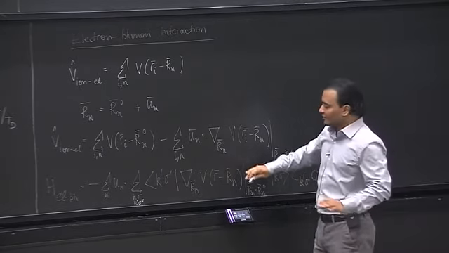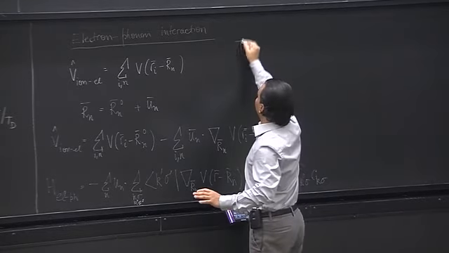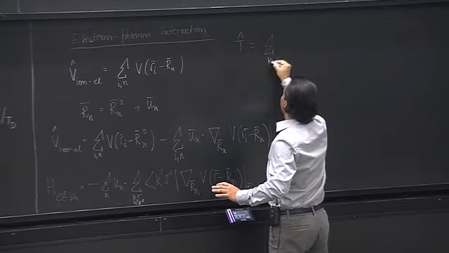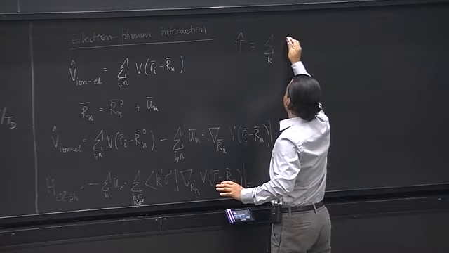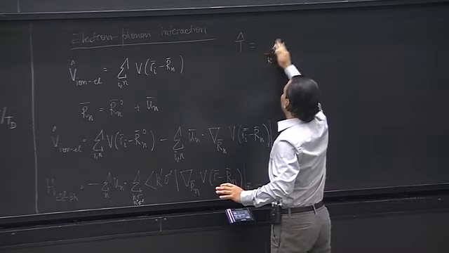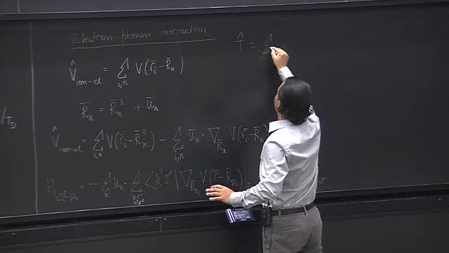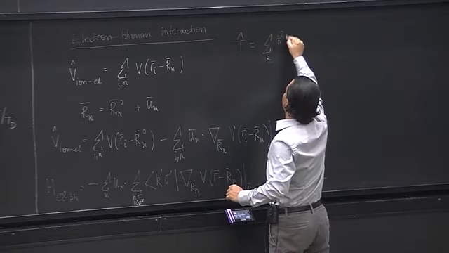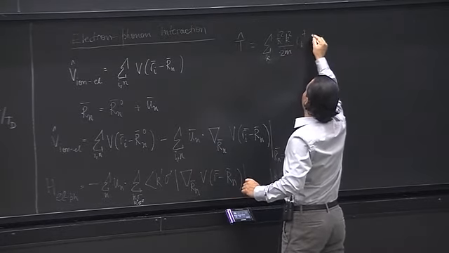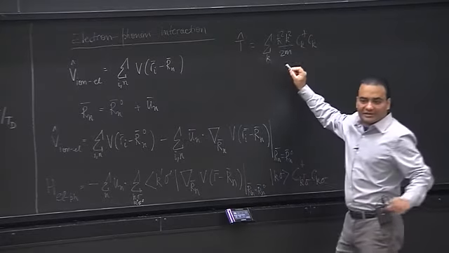If you are trying to recall, the total single particle operator can be written as a sum over K. I'm not going to write down the details. We did this in detail in the first two lectures, so just see the calculation, how you got this.